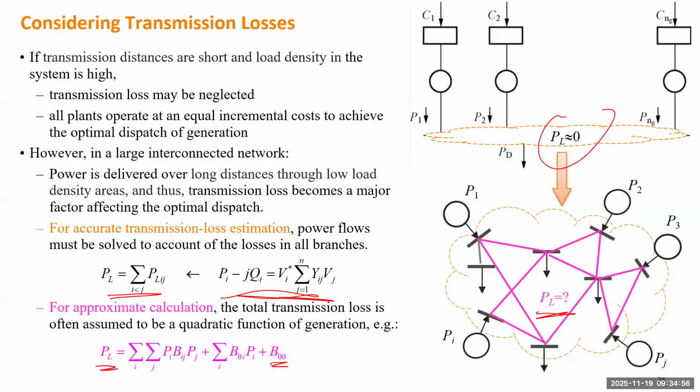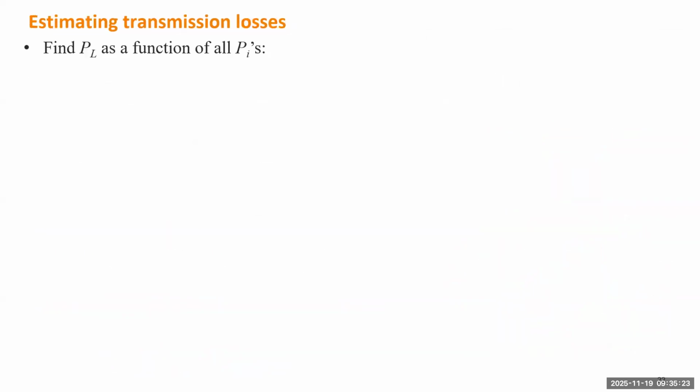As long as your system is operating, there is always this loss, which means the loss is always higher than this value. There could be a part of the loss which depends linearly on the generators. And also there are second order terms depending on the product of the outputs of two generators. We want to find out this formulation, and then we can consider it in the problem.